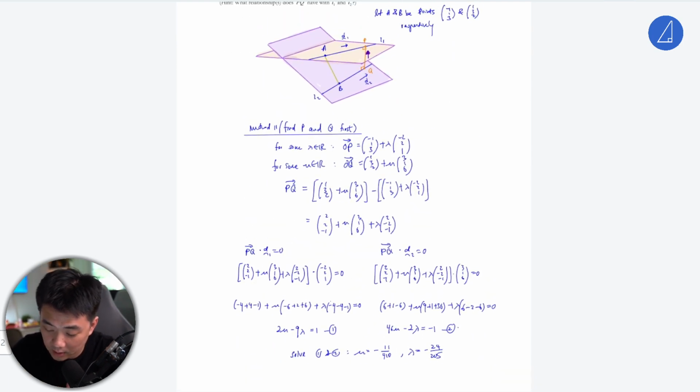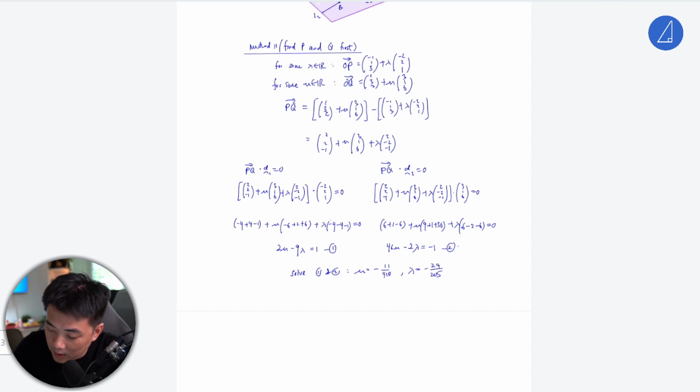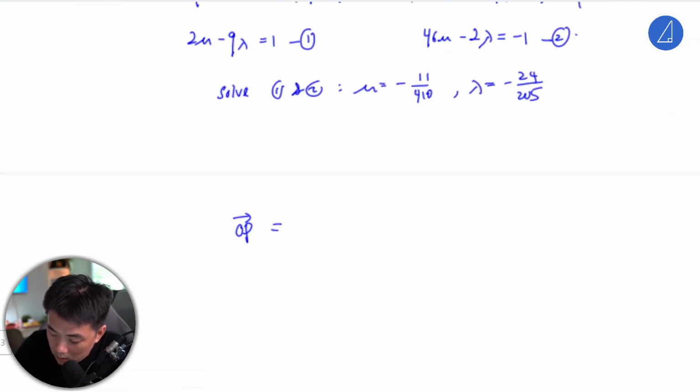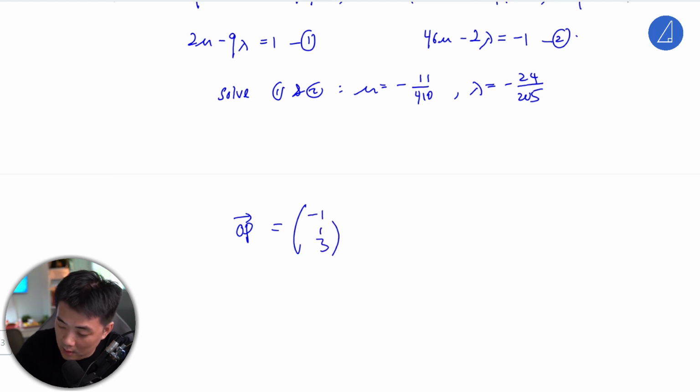What we're going to do is just sub back and find out what OP and OQ are, that point there, by substituting back. Then after that, we just need to find PQ, the length of PQ. So OP will just be substituting lambda into the line equation there. OP is equal to minus 113 minus 24205.